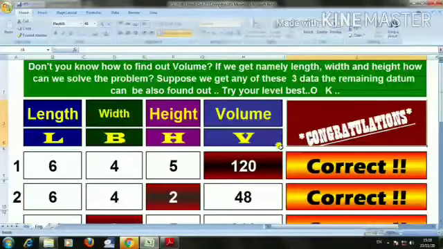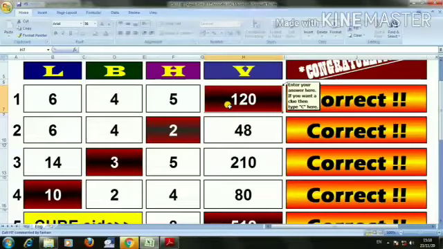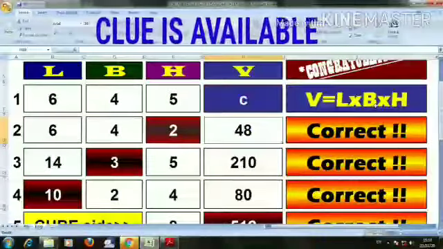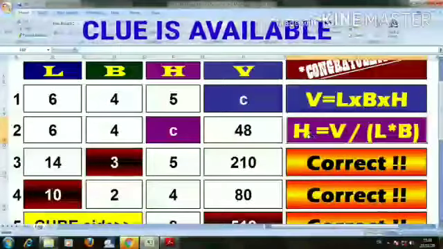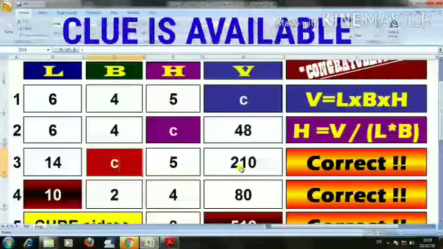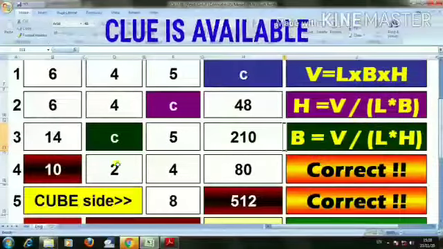If you have any doubt regarding the answer, we have already seen here to enter C. So if you enter here C, the formula will be available here. Likewise, H is equal to V by LB is shown here. Here B is equal to V by LH is seen here.